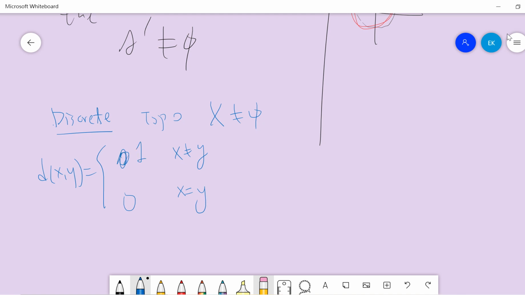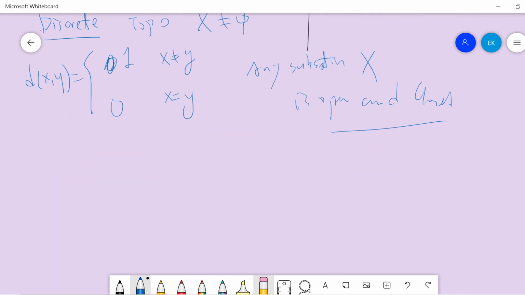So this is the discrete topology. And the common fact is that any subset in X is closed and open. I think I proved this fact in some other videos, but you can directly Google it and find it. I think this statement is correct.